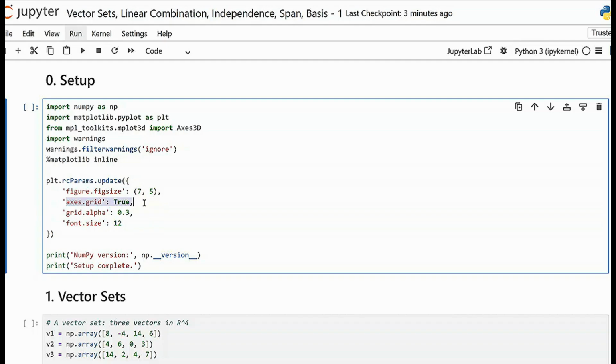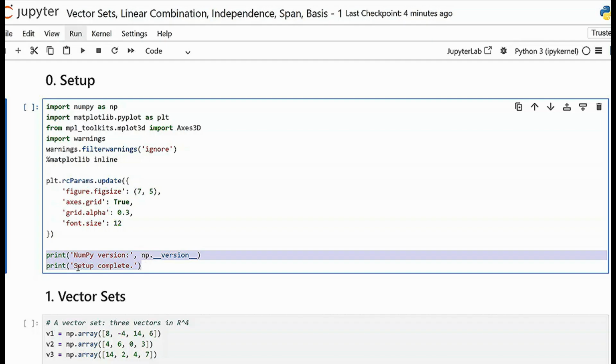This enables grid lines on all plots by default, and this sets the transparency of the grid lines to 30%, making them subtle and less visually dominant. Next, we have set the default font size for all text in the plots to 12 points. Okay, and dear friends, next we have the print functionality. It prints the installed version of NumPy by accessing the version attribute.